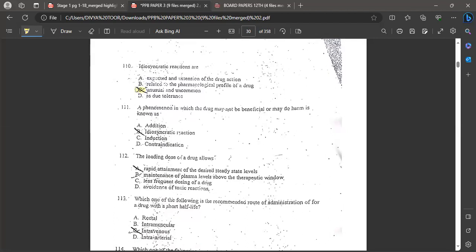Okay. A phenomenon in which the drug may not be beneficial or may do harm is known as addiction, idiosyncratic reaction, induction, and contraindication. Yes. May not be beneficial or may do harm.